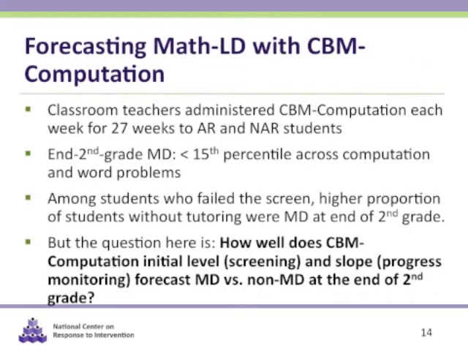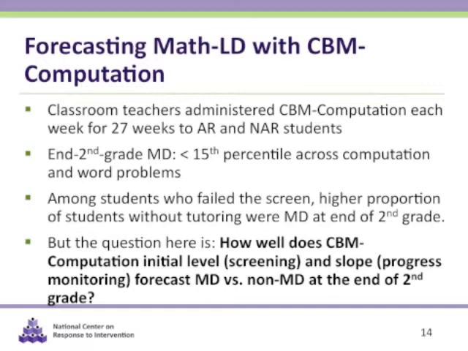So let's take a closer look at progress monitoring with CBM computation to gain more insight into how we might want to think about designating students as responsive versus unresponsive.